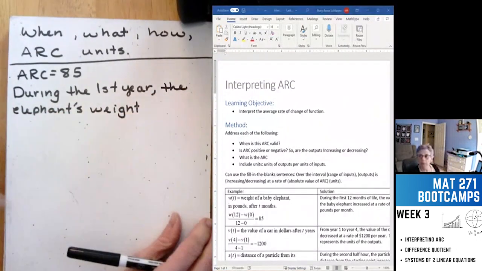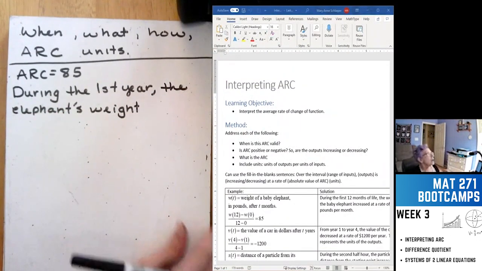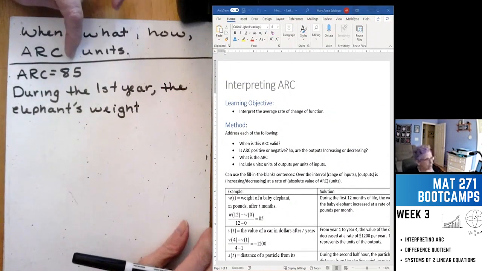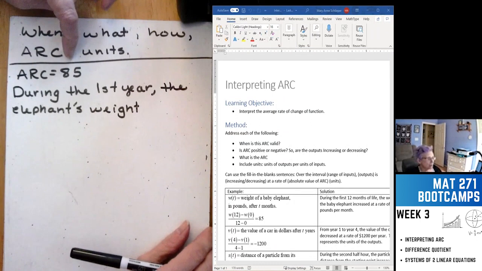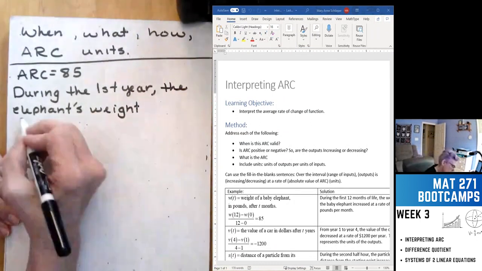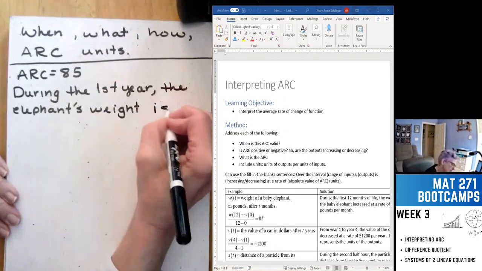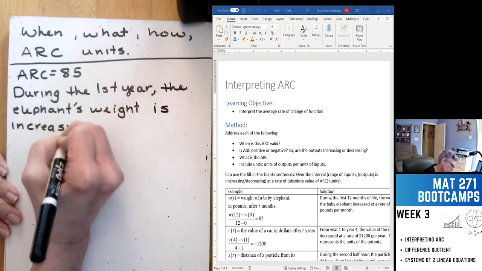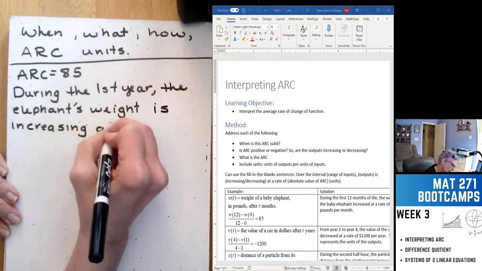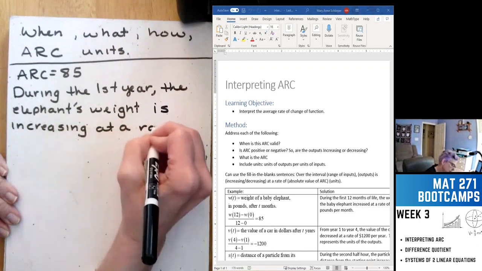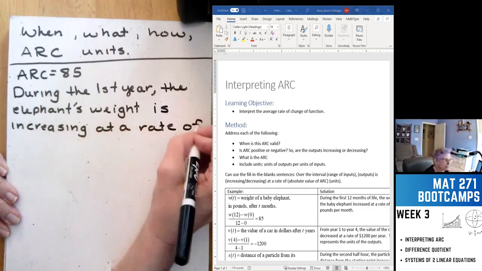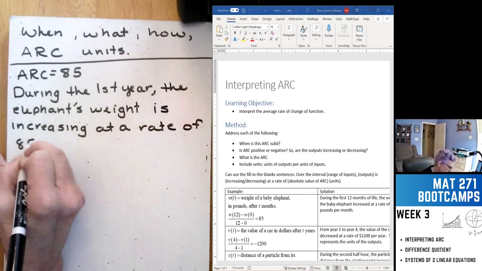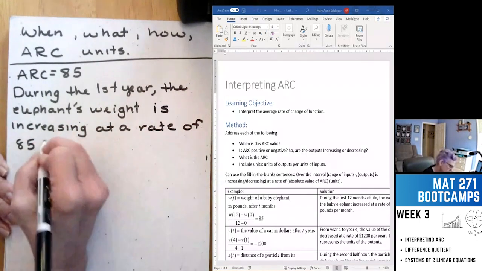Now, since we have a positive number here, we can tell that it is increasing. This baby elephant is gaining weight at a rate of 85 pounds per month. So the elephant's weight is increasing at a rate of 85. And never forget your units.